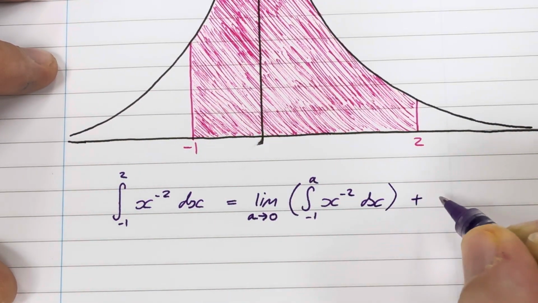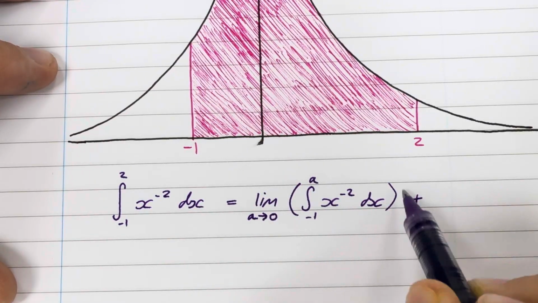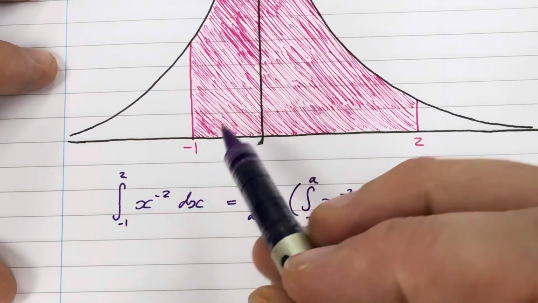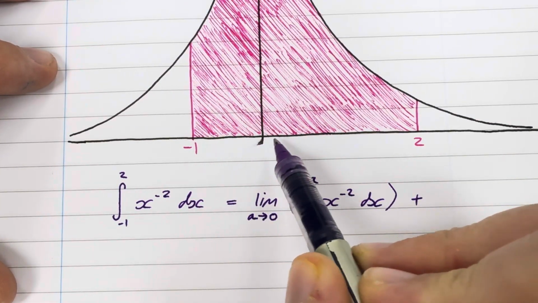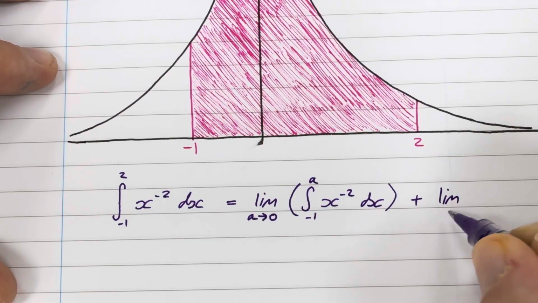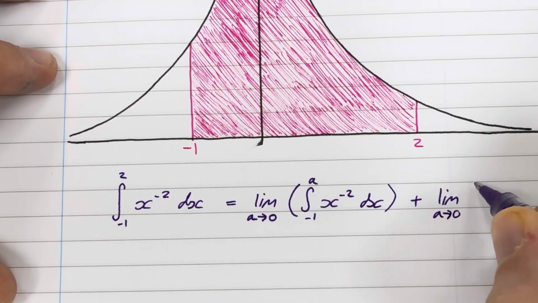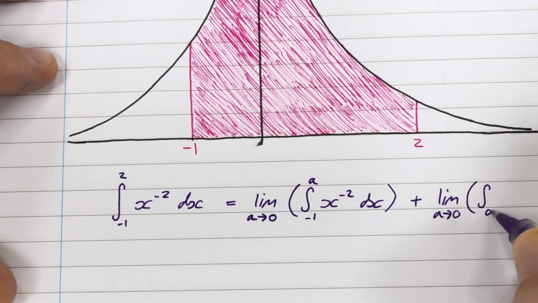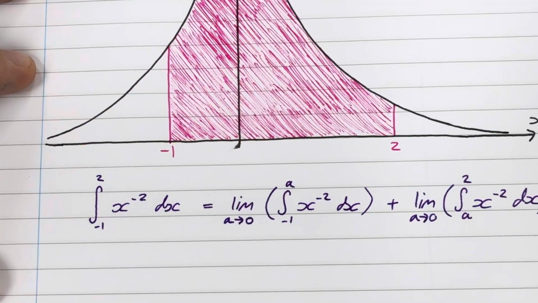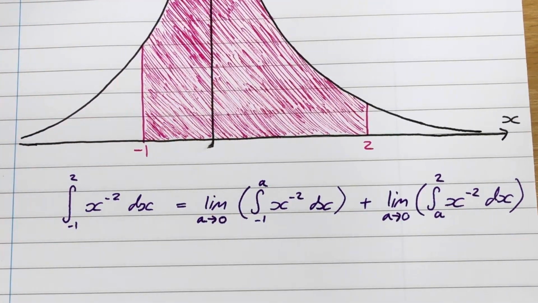And then we're going to do the other half. So this integral here is the integral from minus 1 to 0, because we're going to take a to 0. That's going to be this area here. And then we're going to go from 0 up to 2. So we're going to do the same thing again. But this time the limit as a tends to 0 of the integral from a to 2 of x to the minus 2 dx.